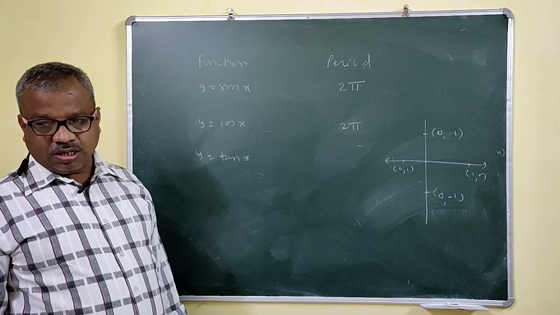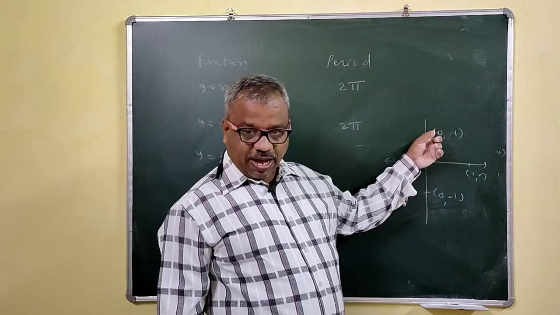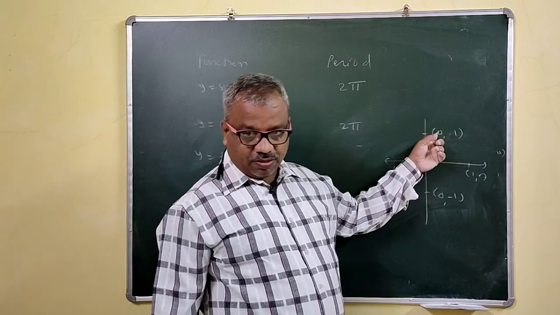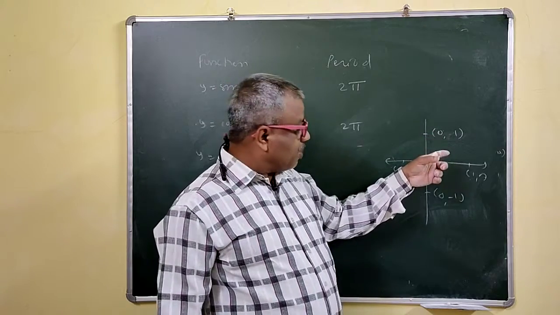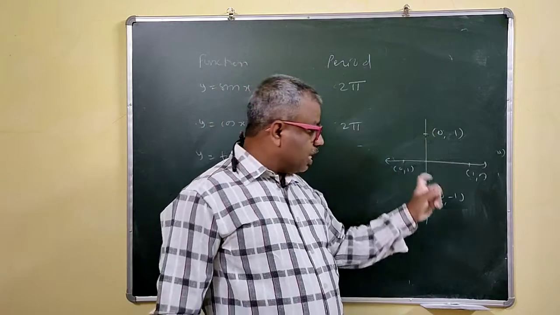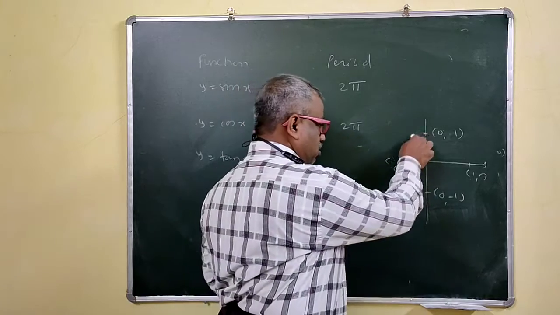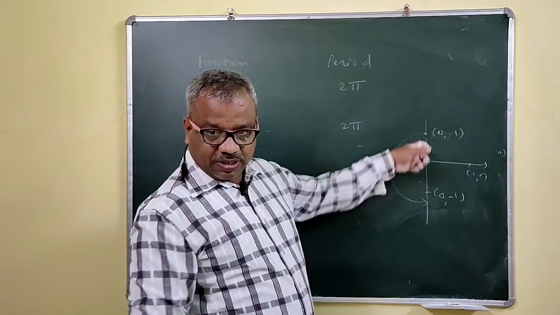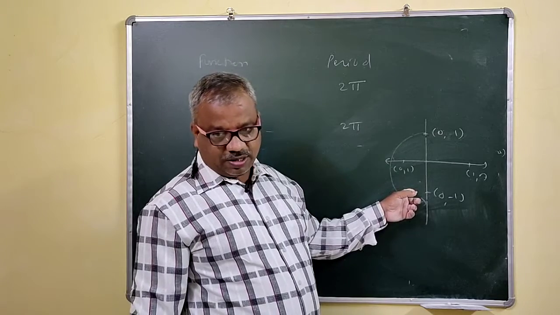Now see, tan of pi by 2 is infinity. Tan of 3 pi by 2 is also infinity, so after pi it is infinity again.